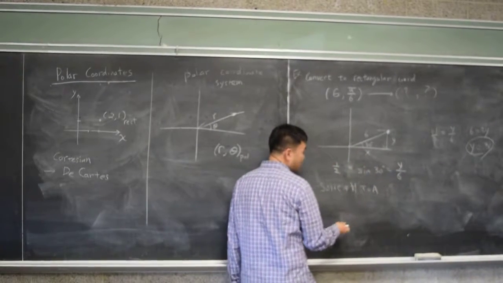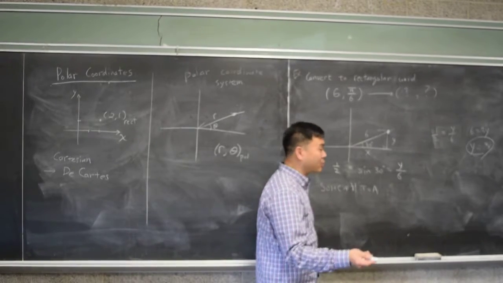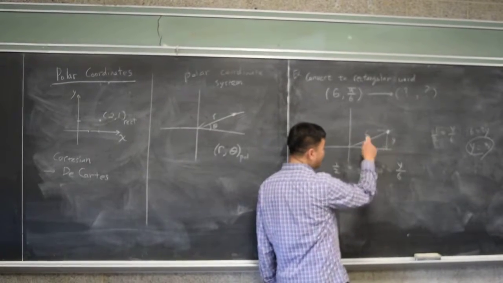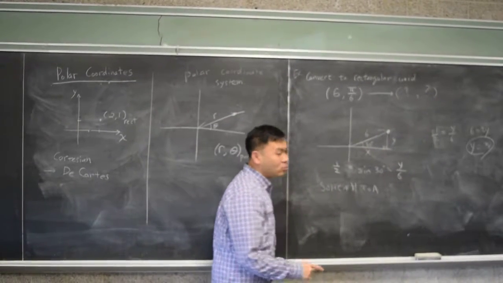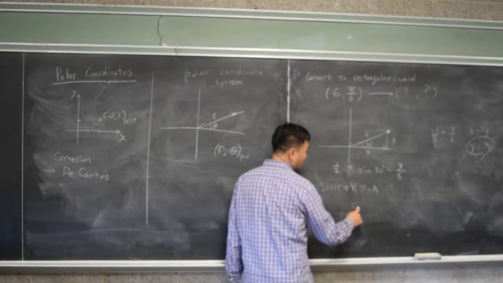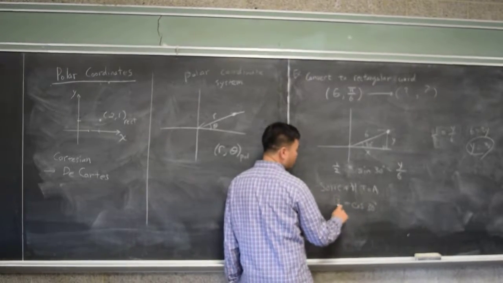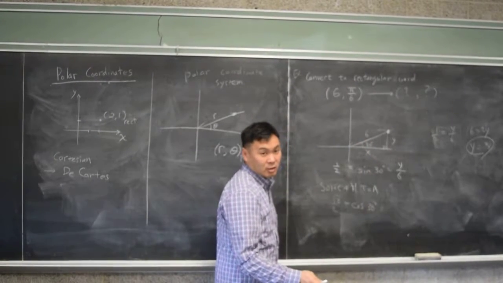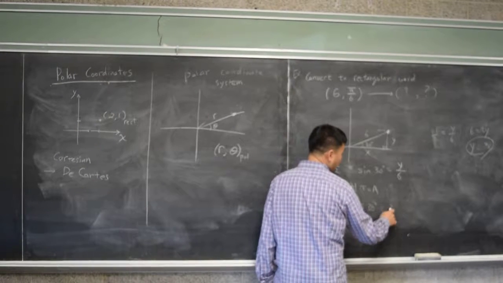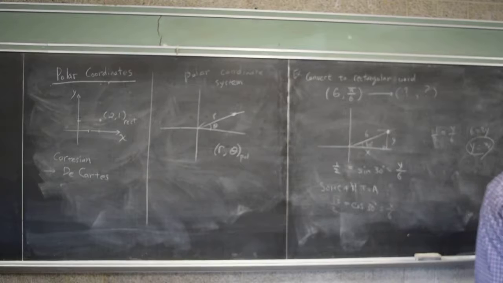Now to get x, what should you use? You can use the Pythagorean theorem, you're right, because now you know two sides of the right triangle. But usually people use cosine, so you can use cosine 30 degrees, which is radical 3 over 2, and that's equal to what in this picture? x over 6, because cosine is adjacent over hypotenuse.